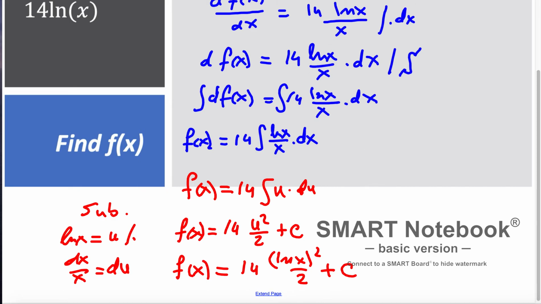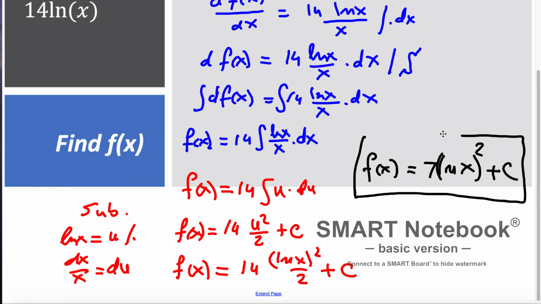So in other words, we already found f of x is going to be equal to 14 divided by 2, which is 7, times ln x squared, everything squared here, and this is plus c. So this is the f of x.